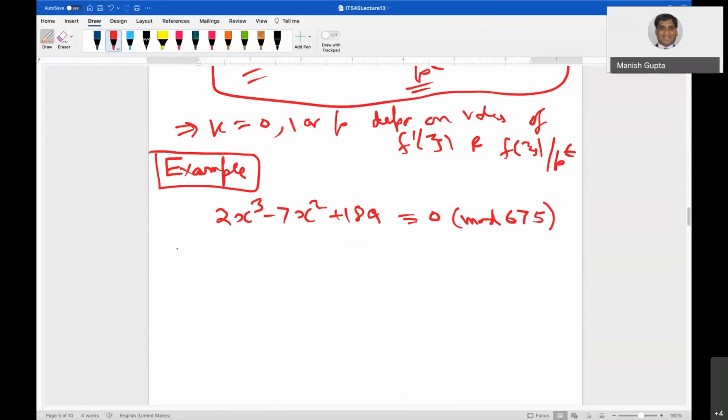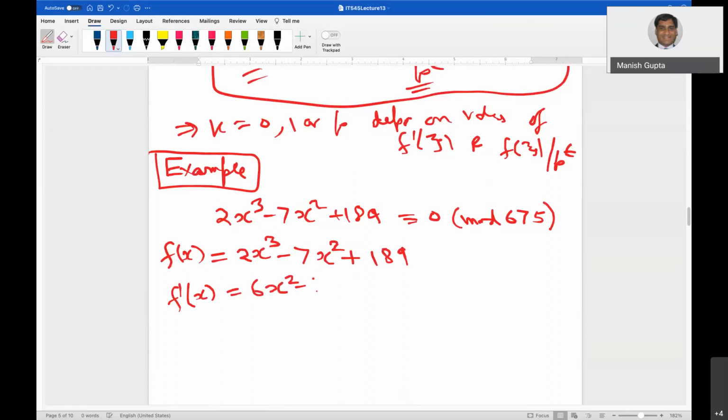Okay, so that means f(x) is nothing but 2x cube minus 7x square plus 189, and f dash of x I can compute will be 6x square minus 14x. Okay, now m, this is our m, can be written as 3 cube into 5 square.